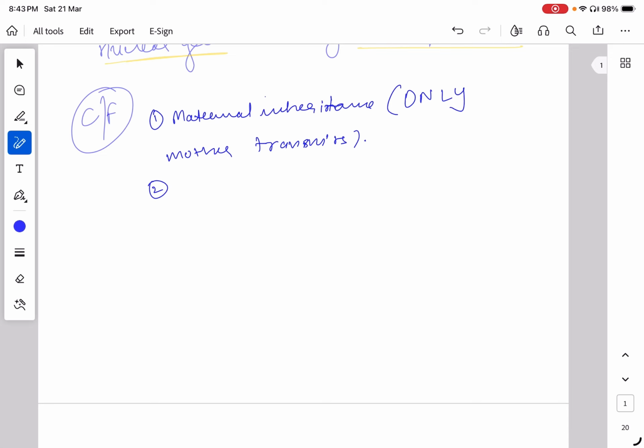Other key features are not exactly clinical features but important features of mitochondrial inheritance. Another one is mitochondrial DNA. The characteristic features of mitochondrial DNA: it is circular, so remember this, mitochondrial DNA is circular.